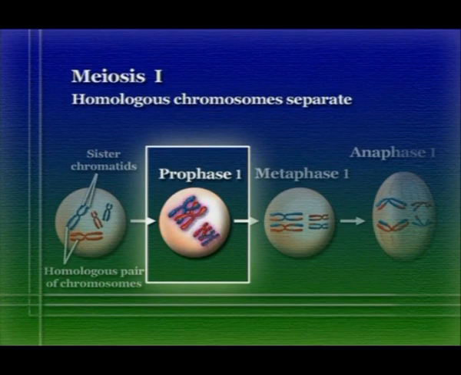So closely, in fact, that they will exchange parts of themselves, essentially exchanging chunks of each chromatid from one homolog to the other. If a crossing over event, as we called it, occurs between two genes on the same chromosome, the result will effectively be the same as if those genes occurred on different chromosomes. They can assort independently.